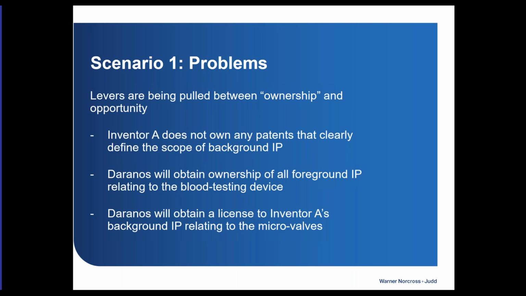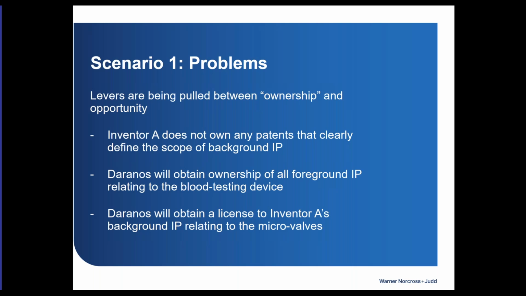Theranos will obtain full ownership of all foreground IP relating to the blood testing device. What may happen here is that Theranos may be able to preclude inventor A from practicing any improvements that they make to the technology, to the microvalve, during this joint venture with the blood testing device.